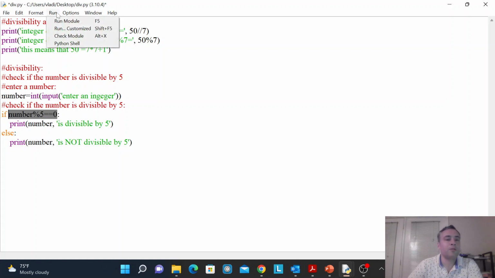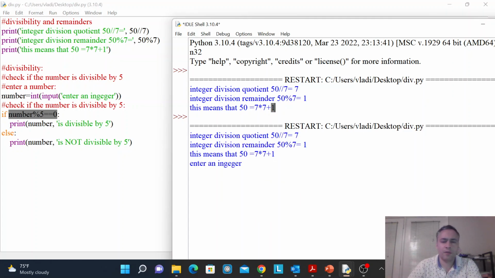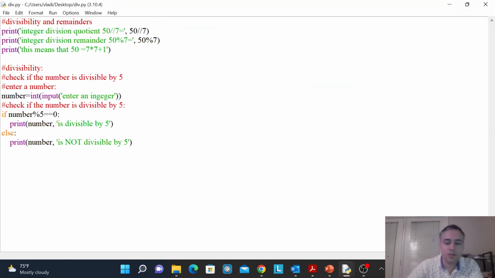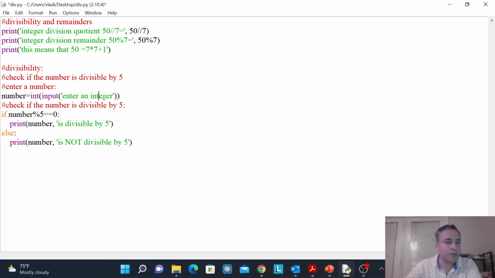Okay, so let me run this code. Enter an integer. 14. 14 is not divisible by 5. All right, let me fix an error here in spelling, a typo.